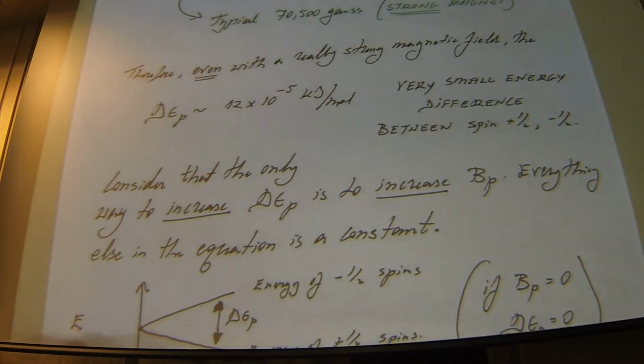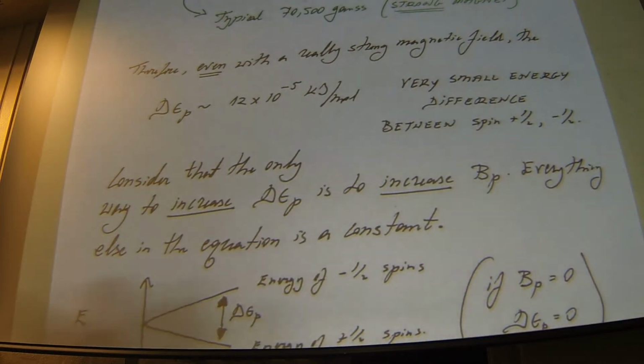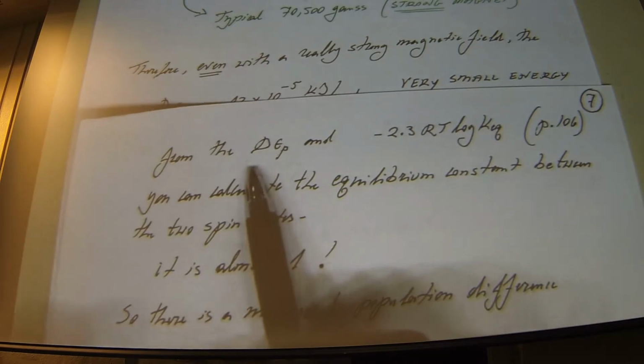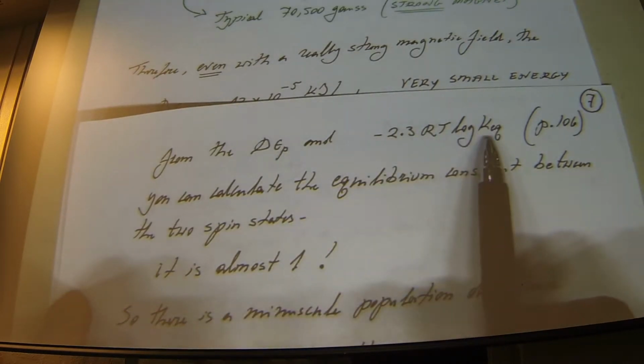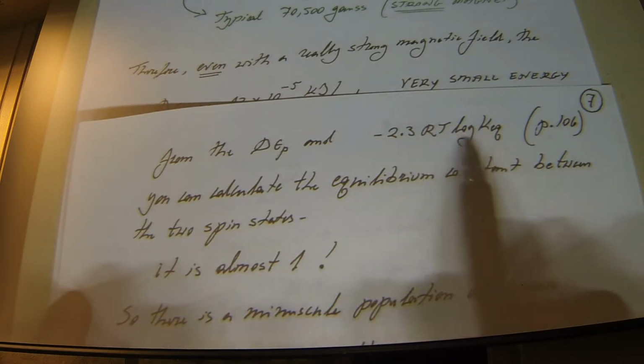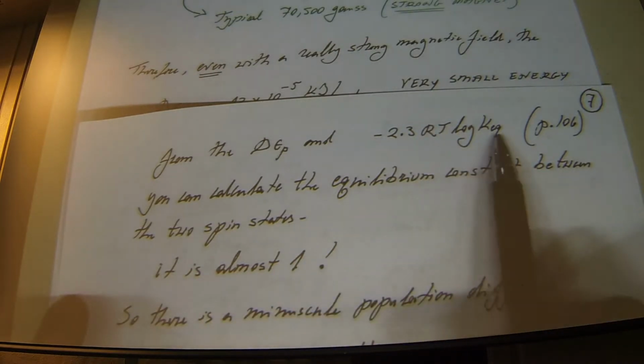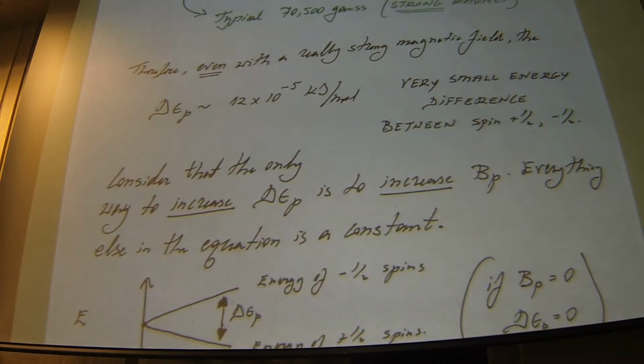Your book has you do something kind of nice actually. It tells you to take that difference in energy, which is this much, and remember that difference in energy is related to log K equilibrium. If you multiply this out and take the antilog and whatnot, you find the K equilibrium for this tiny bit of energy is almost 1.